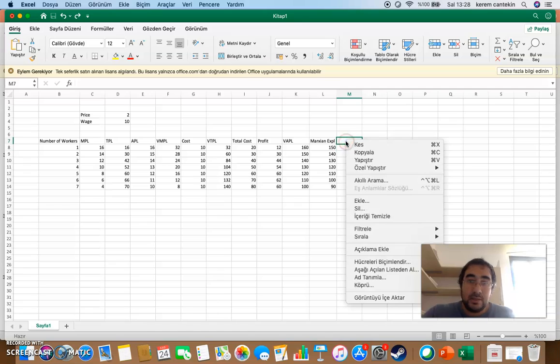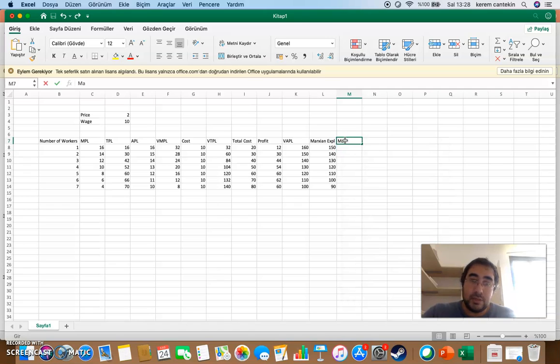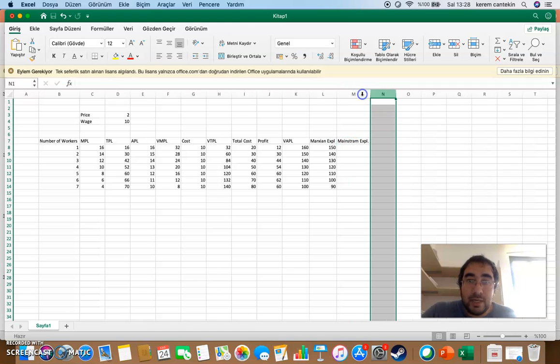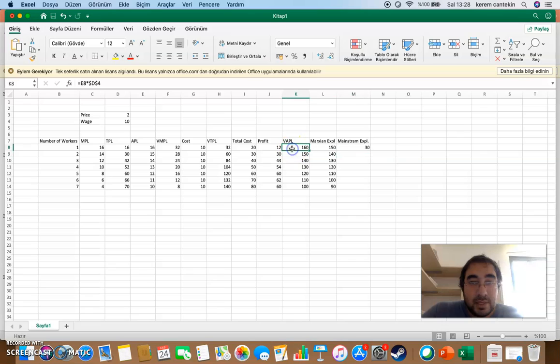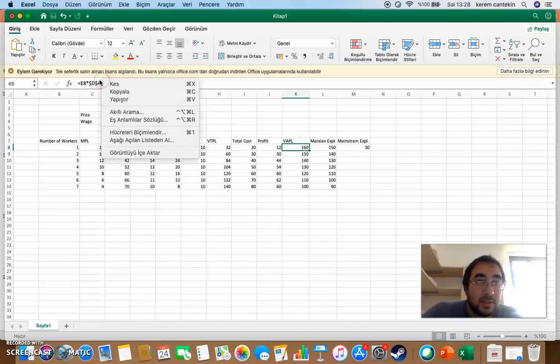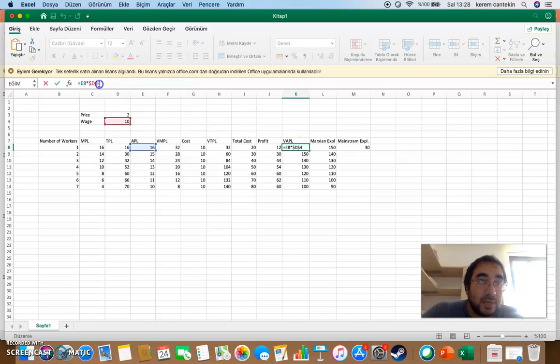What is the mainstream exploitation? Well, here we subtract the wage from the value of marginal product of labor. Of course, I have made a mistake here. I should multiply this not with the wage, but the price.